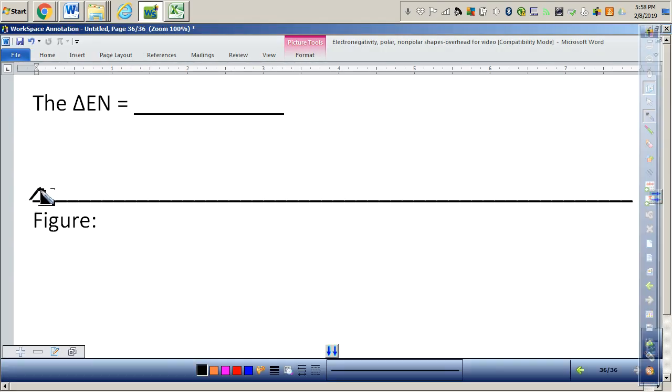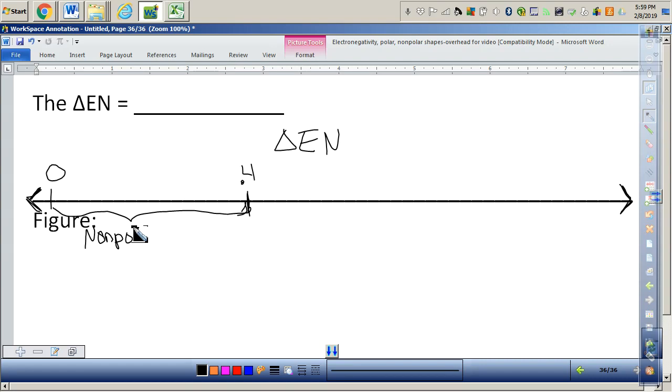And then a nice easy way to look at all of this is to draw a figure. If your delta EN, the difference in electronegativity, falls between 0 and up to, but not including, 0.4, so if it falls within this range right here, then we say this is a nonpolar covalent bond.